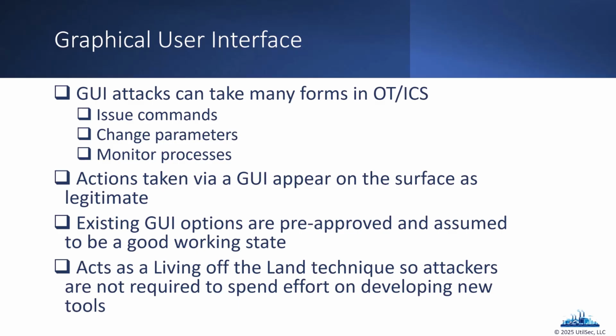And this does count as a form of living off the land, right? Because the HMI is a system, it's a tool that exists in the environment. And if an attacker can access it, and they're using the HMI to make those pre-approved canned changes in the environment, right? They're using those systems and those tools, the software that's part of the environment. It lives there.